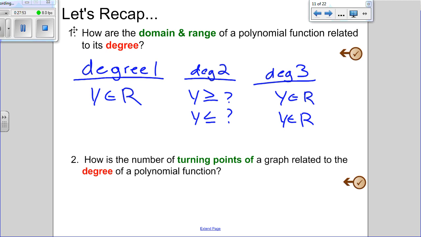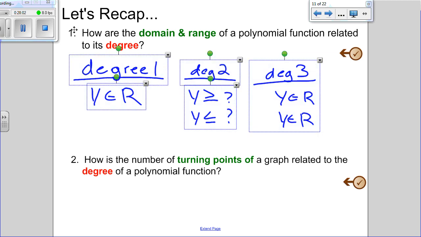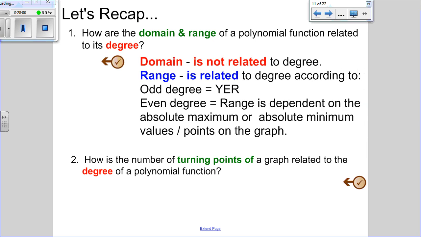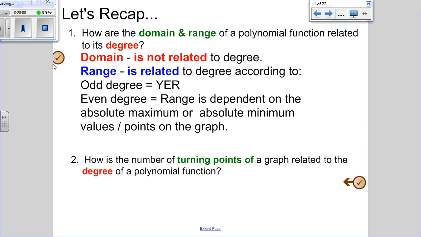The notes that you want to copy: if you have an odd degree, you're always going to be y ∈ R. Because it's always going to go from either increasing to decreasing overall, or from decreasing to increasing overall.